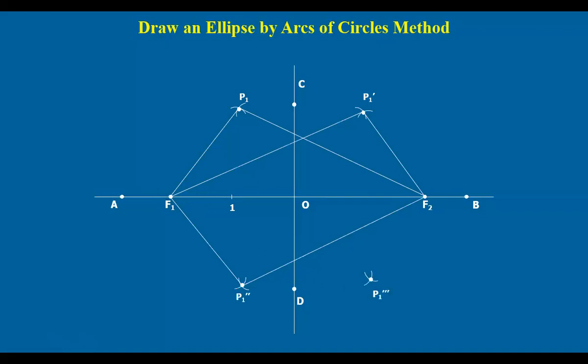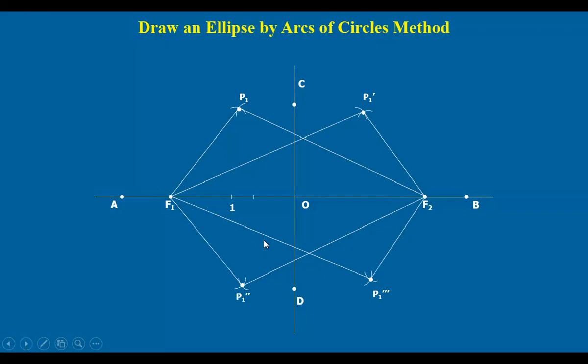So we get a point here. We call it P1 triple dash. So all these 4 points, obtained for just 1 point on the axis, are all on the ellipse.